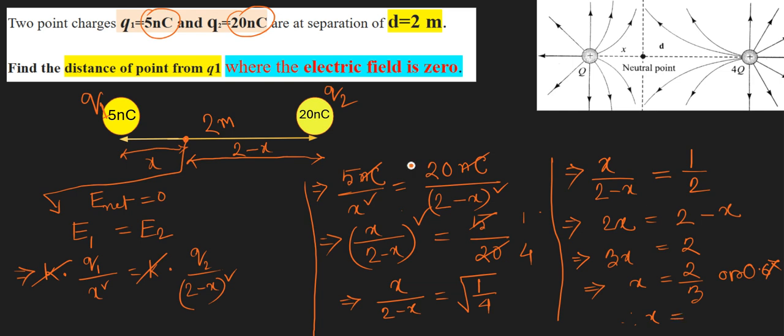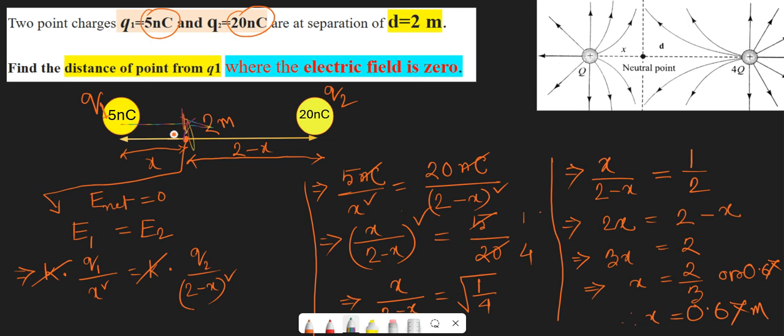So x equals 0.667 meter. It means from Q1 up to this distance is 0.667 meter. It means that this 5 nanocoulomb is the smaller charge compared to this 20 nanocoulomb or Q2.